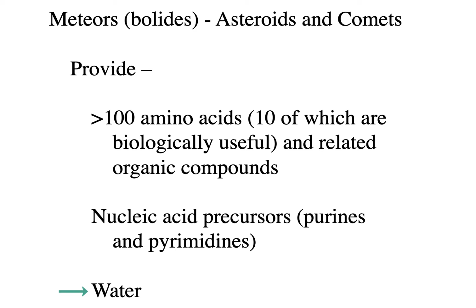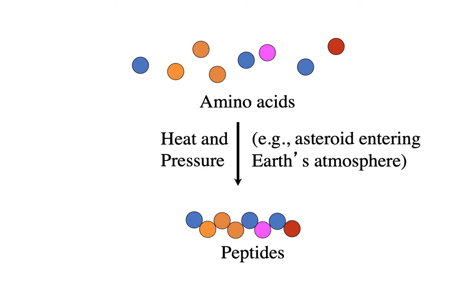but also in meteorites. And as I indicated, when you have amino acids and you add heat and pressure, including asteroids going through the atmosphere, there's a lot of pressure, a lot of heat, they can form short peptides, form peptide bonds between them.